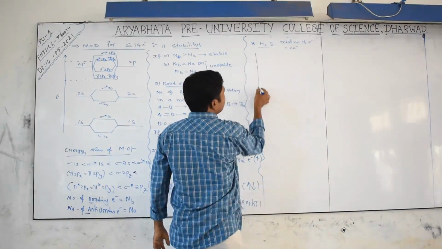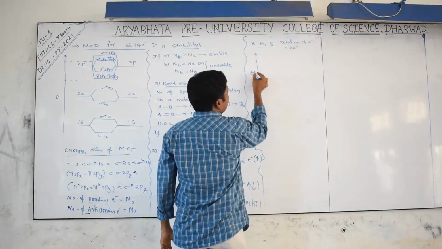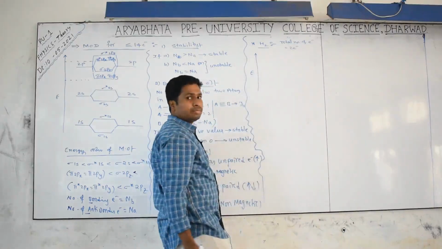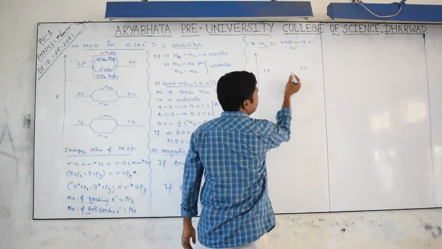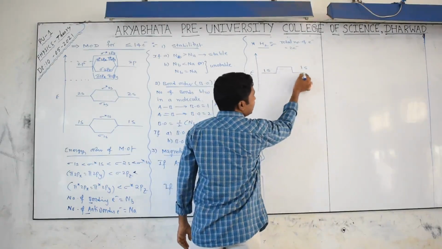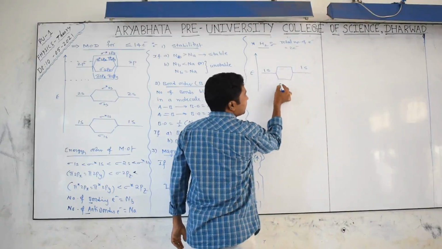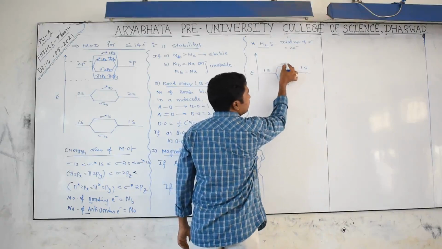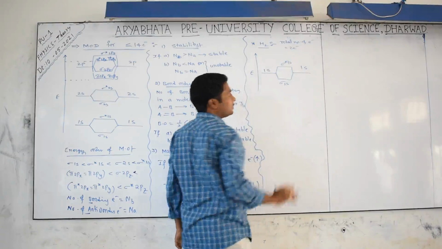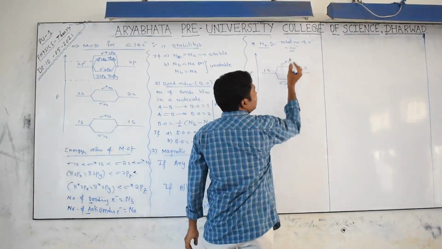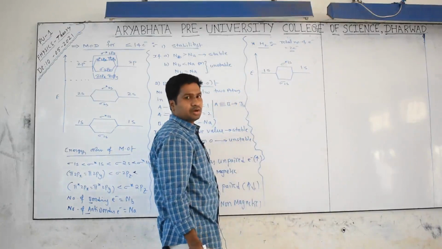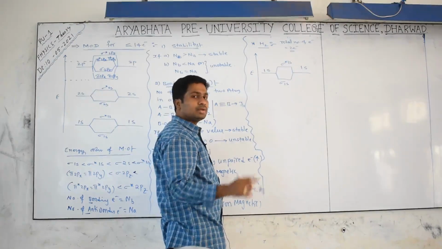Write down here like this, energy. First, from each atom, which orbital is involved? The 1s orbital. From the other hydrogen, 1s also, they will be involved in the linear combination. Then we get one bonding sigma 1s and another sigma star 1s. Now, how many electrons were in your hand? 2 electrons. How do you fill them?